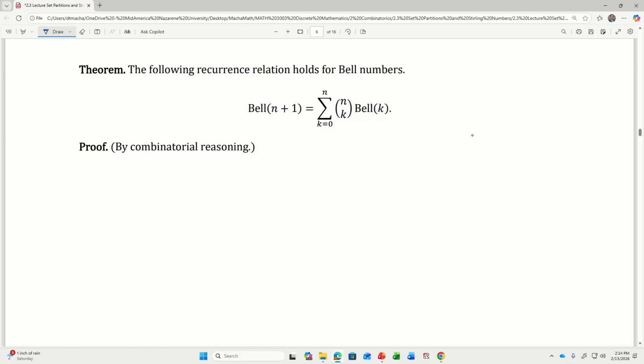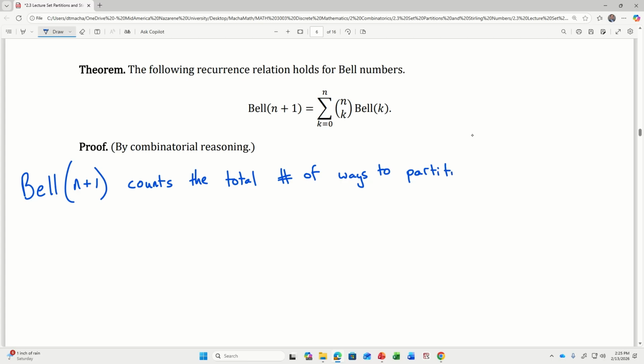So notice the definition of the Bell number would say that Bell n plus 1 counts the total number of ways to partition a set A with size n plus 1.